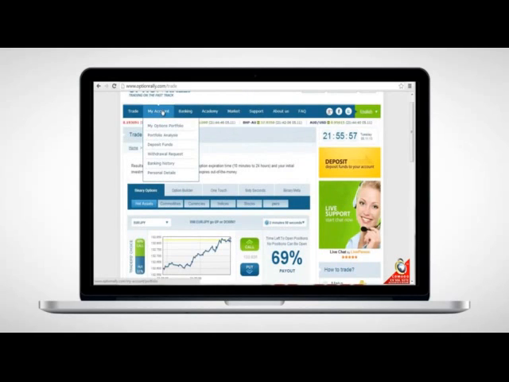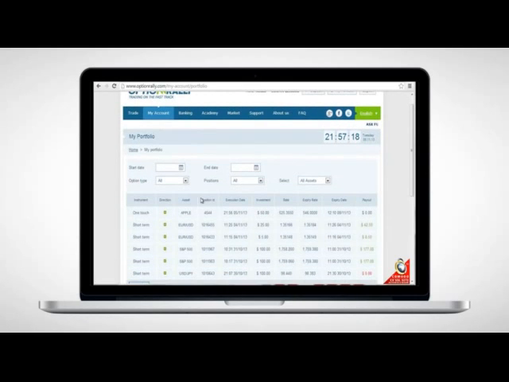If I click on My Account, and then my options portfolio, here I see that option that I just traded right here, my one-touch instrument with a call option or an upward direction on Apple, $50 investment, expiration on November 8th. So there it is in my open positions.